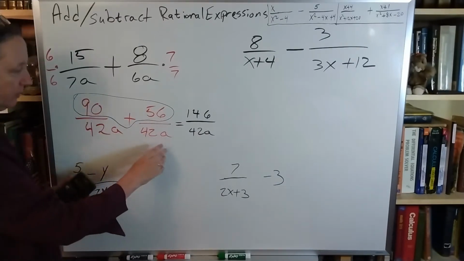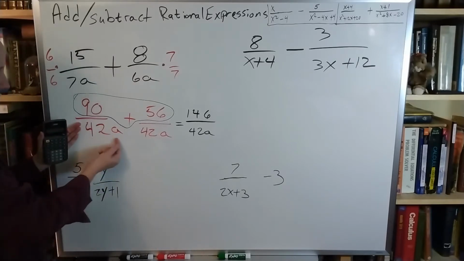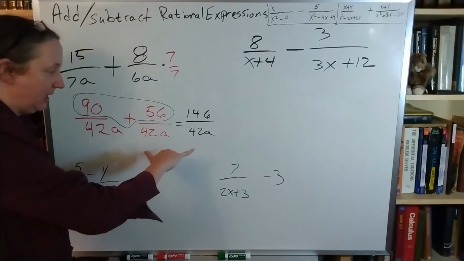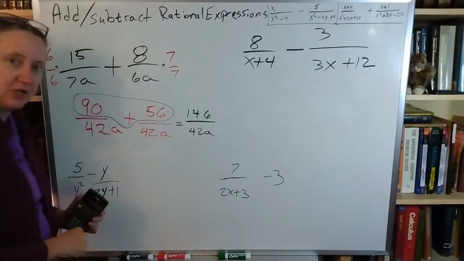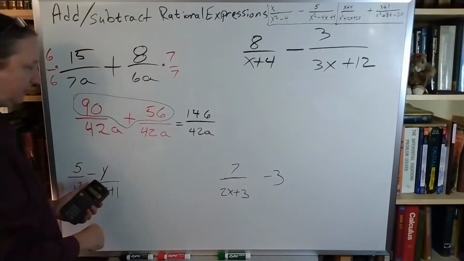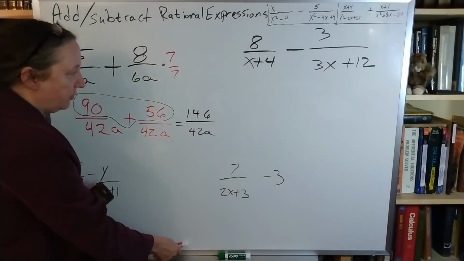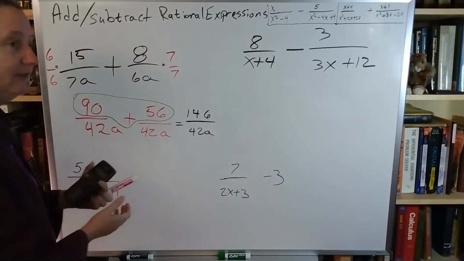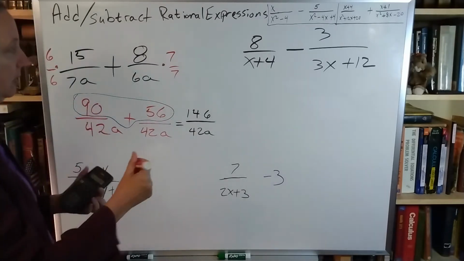Before I get to that though, notice that the 42a is the same thing in all three fractions. Now I look at the 42 and the 146 and I say they're both even numbers. They can both be divided by 2. So I'm going to do that.